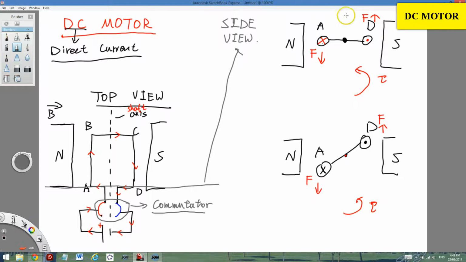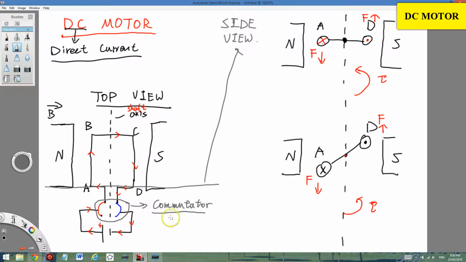If I draw dotted lines in the shaft, at this setup, the shaft AD is going to rotate until point D goes to the left and point A goes to the right. And let's see what happens when it does.